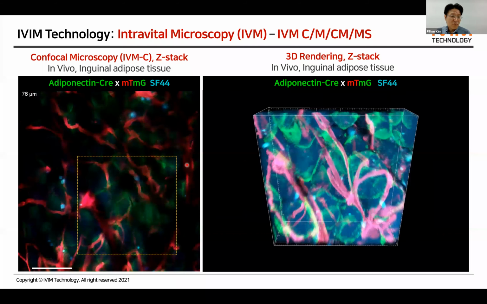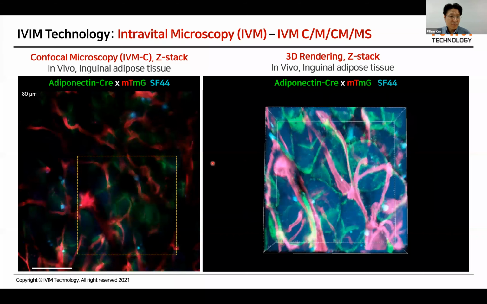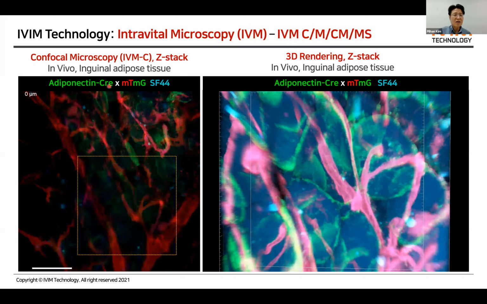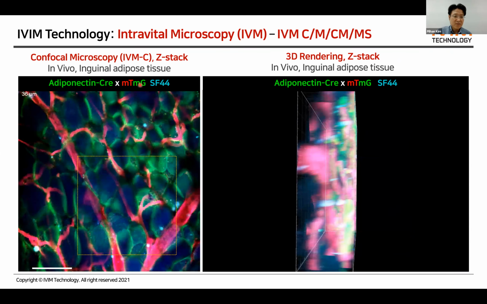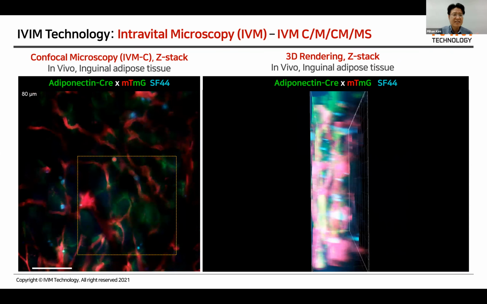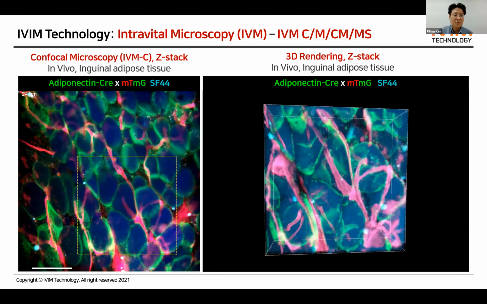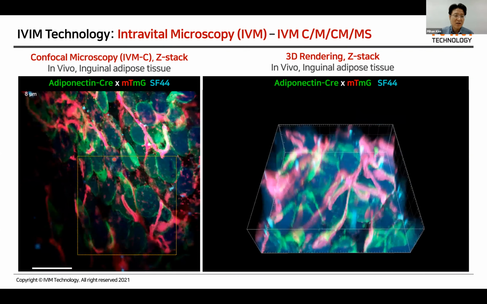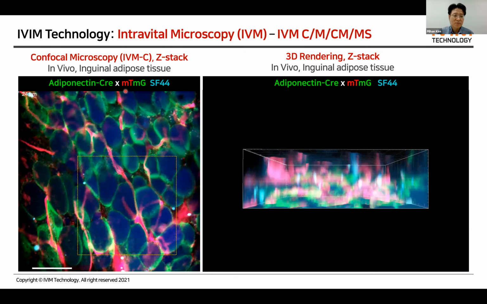In this particular example, we use the offspring of an adiponectin-Cre mouse crossed with an mTmG mouse. Basically, in this mouse, the adiponectin-expressing cells, which are adipocytes, express green fluorescence, and all other cells express red color tdTomato.